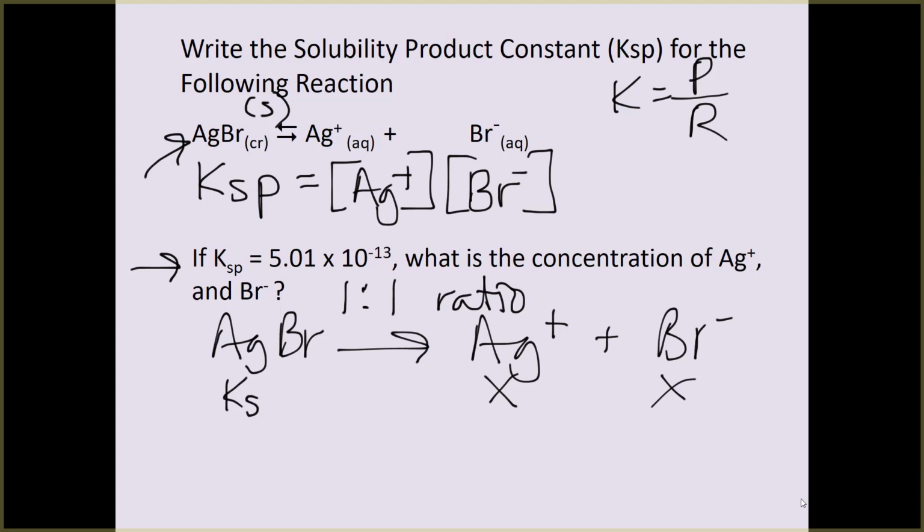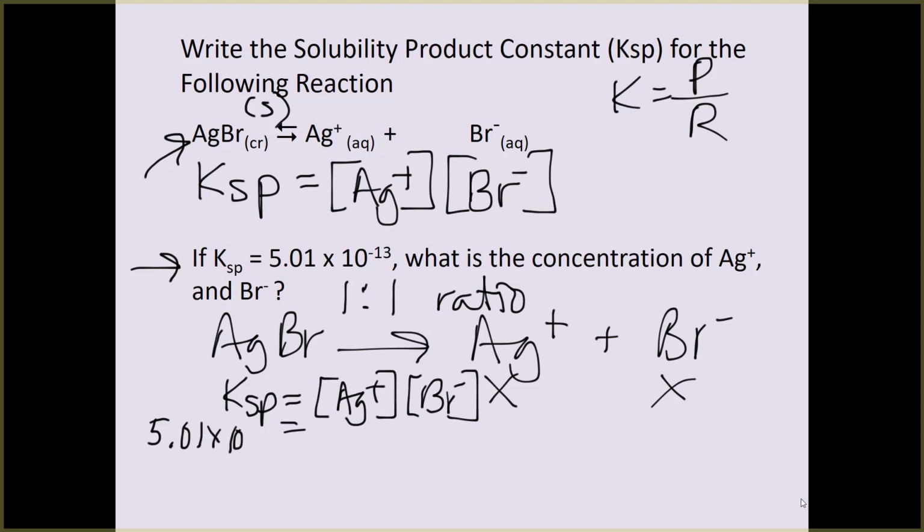So again, Ksp equals the concentration of the silver ion times the bromide ion. I know my Ksp, 5.01 times 10 to the minus 13. And then we're going to say this is x and this is x. So I end up having x squared on this side and a number on that side.